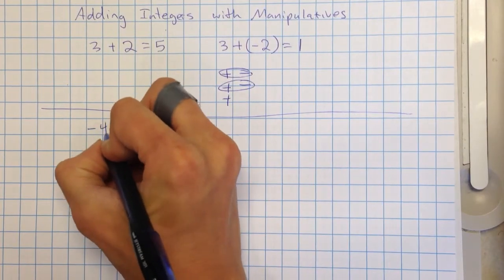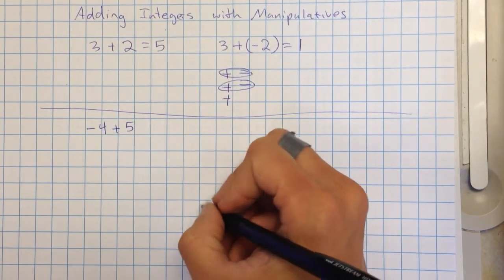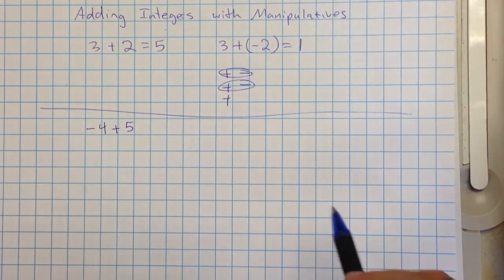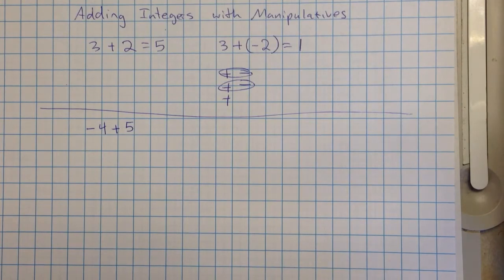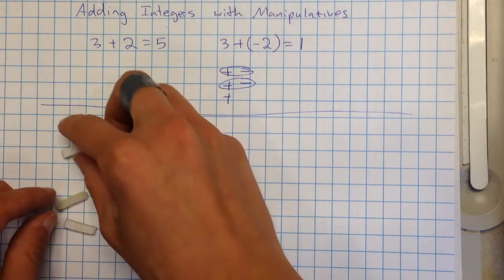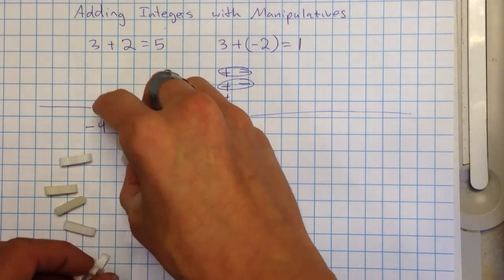Let's say I had -4 plus a +5. Now one thing that's also good to start doing is thinking about which you are going to have more of. So I can predict: I'm going to have 4 minus pieces and 5 plus pieces.